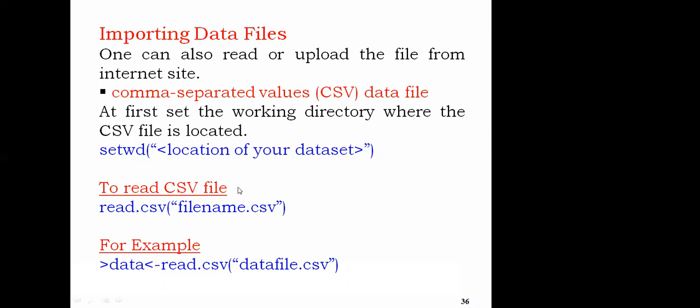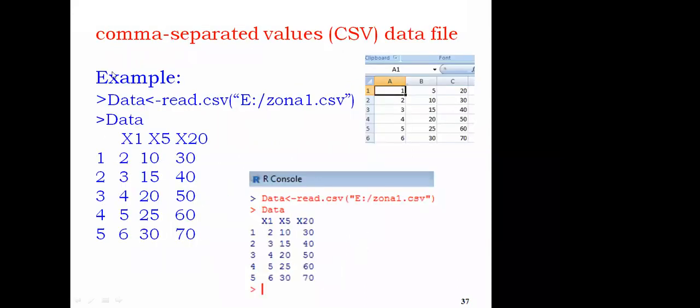Then to read a CSV file, type read.csv, and within it give your file name, filename.csv. Here you see data, then the assignment arrow, then read.csv of datafile.csv. Suppose your file name is datafile, then datafile.csv.